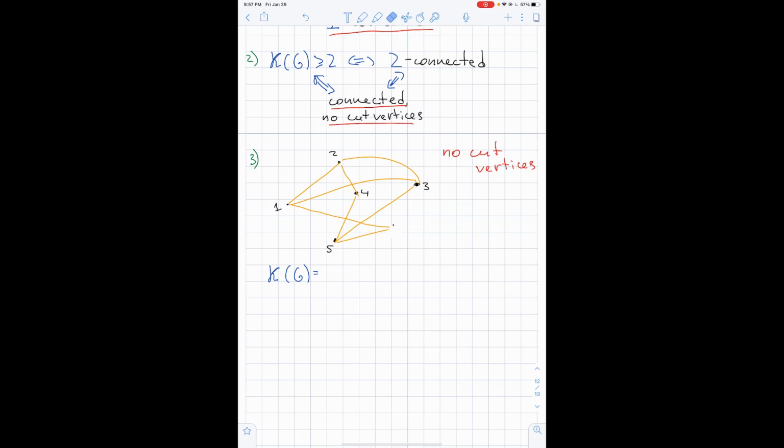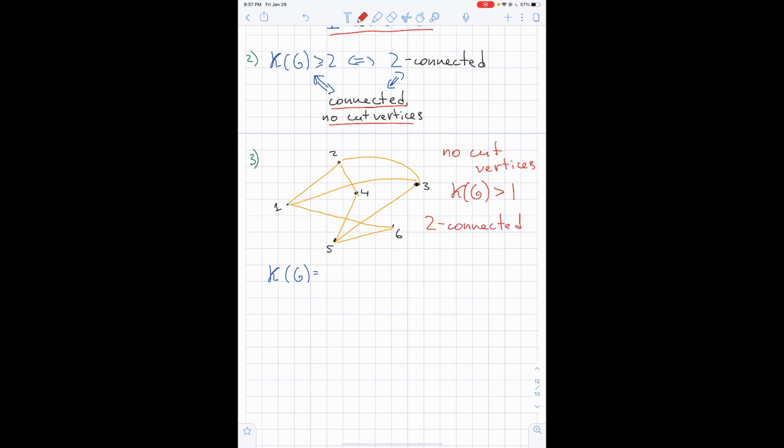And finally, if we remove 6, well, still connected. Now, okay, so no cut vertices, so it follows that kappa is greater than 1, so at least 2, so it is 2 connected.